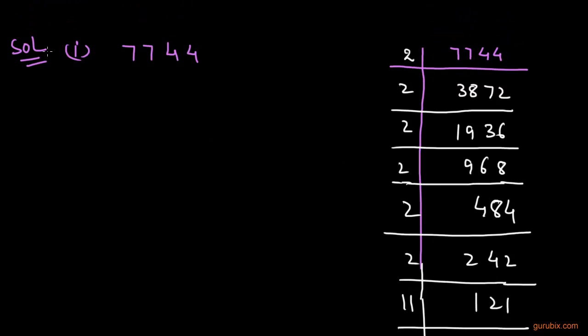So now we shall write the given number 7744 as the product of its prime factors like this: 2 into 2 into 2, 6 times, and 11 into 11.